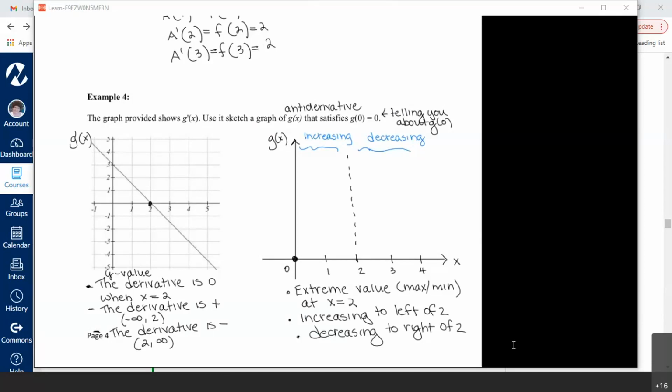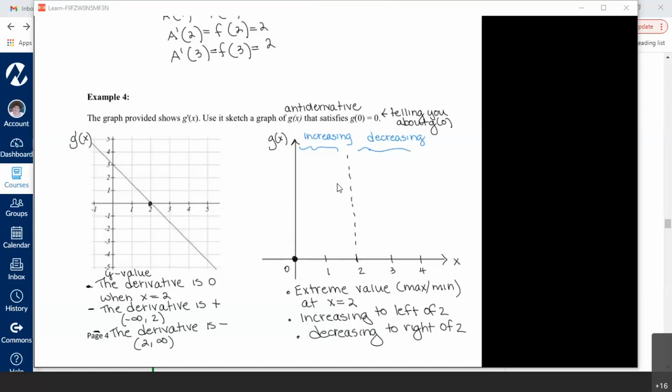So is the extreme value a max or a min? What do you think? If I increase toward it and decrease away from it, what do you think? Yeah, it's a max. Again, you're increasing up to it and decreasing away from it.